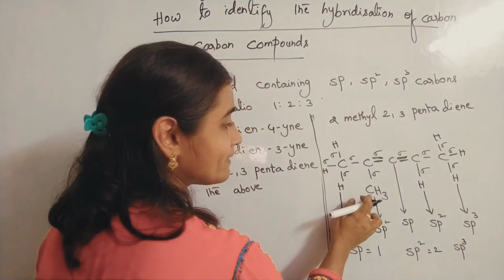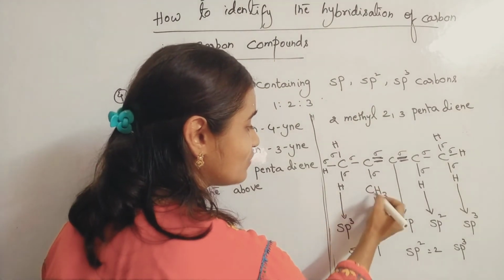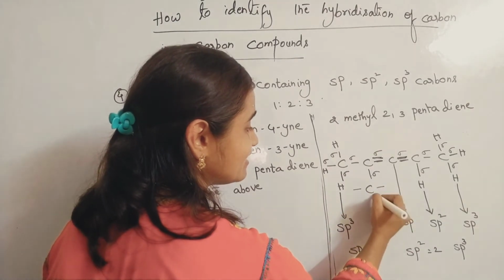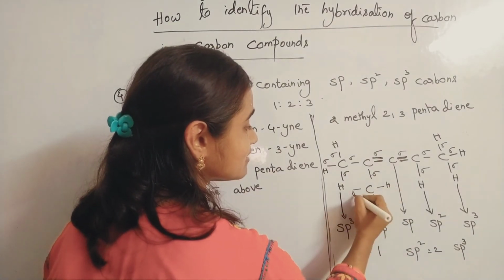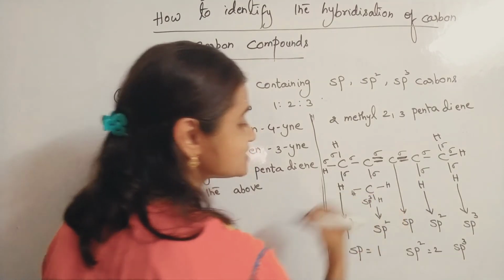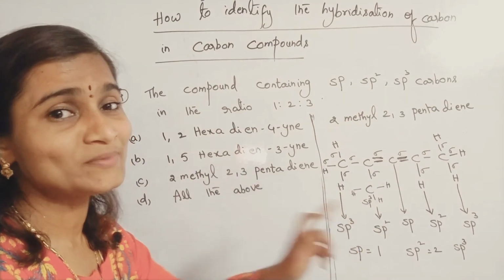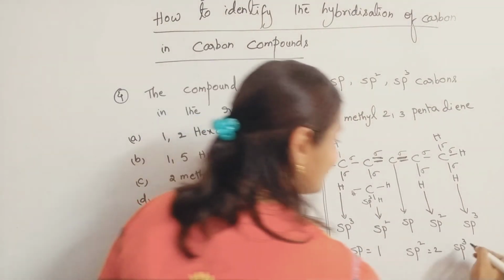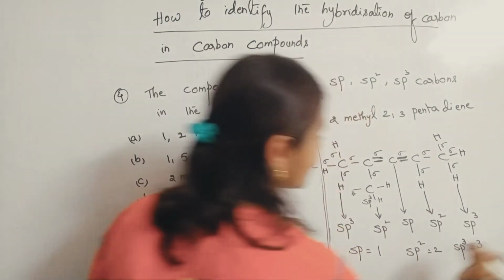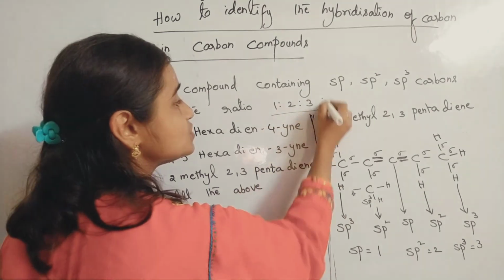The methyl group has one more carbon, with 4 sigma bonds, so it is also sp3. Don't forget about the methyl group. So totally you are finding 3 sp3 carbons, so the ratio of sp to sp2 to sp3 is 1:2:3.